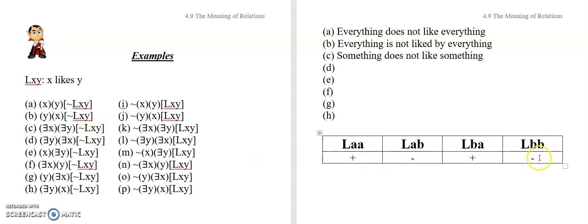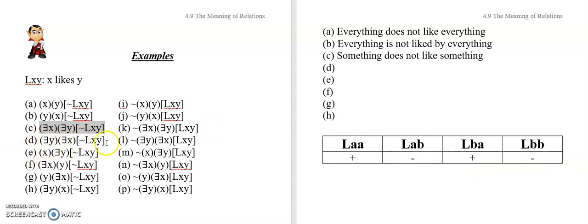Is that true or false here? As we can see, it's true. A doesn't like B. Also, B doesn't like himself, and that would count. Even if these were all pluses and this was a minus, this sentence would still be true. The only way this sentence could be false is if everything had a plus here.